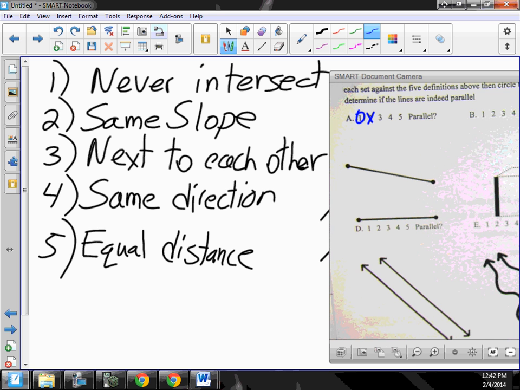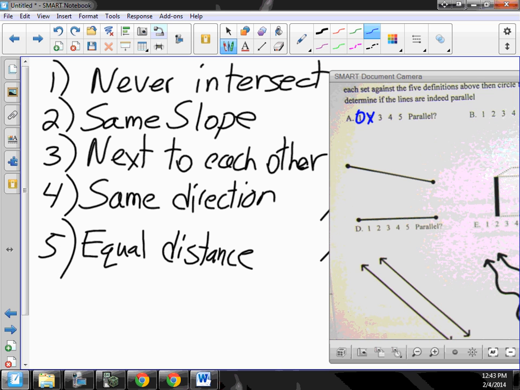According to number 3, are they next to each other? Well, what did you mean by next to each other? I don't remember who said that. So would you consider those next to each other? You're the definition master. And I don't care if you say yes or no.